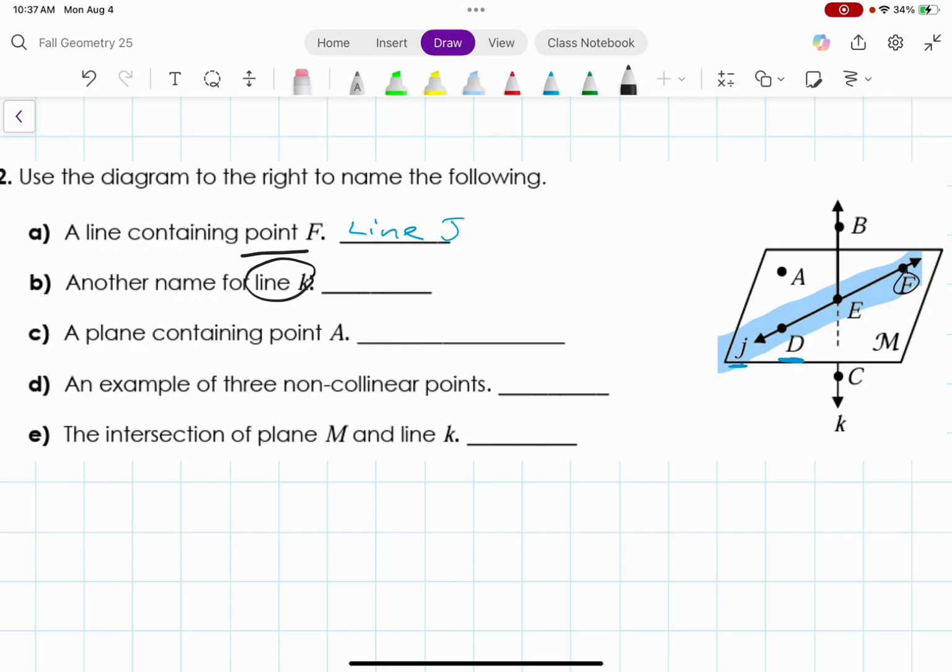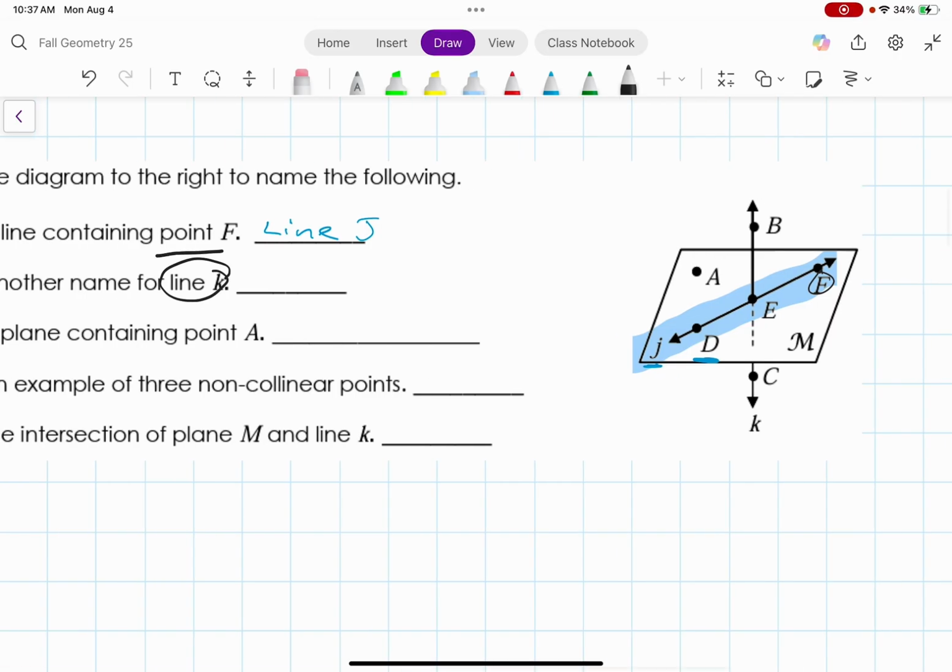Here's another one. What's another name for line K? Line K goes from here to there. So what's another name for it? Pick two points: BE, EB. These little dotted lines just mean it's right behind the plane, kind of like when you stab a pencil behind a paper, the pencil's still there but hidden. That's another way of writing a line behind the plane.